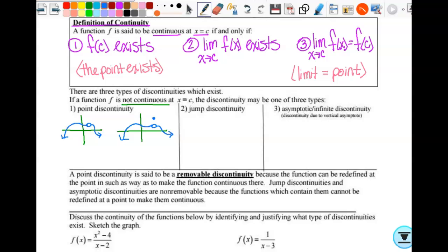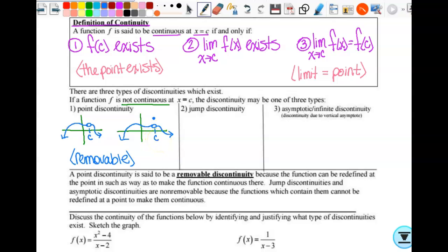Both of those have point discontinuity, which is also called removable discontinuity, which means basically we just removed a point. And in this case, we removed it altogether. In this case, we removed it and put it back right here. So this is c.